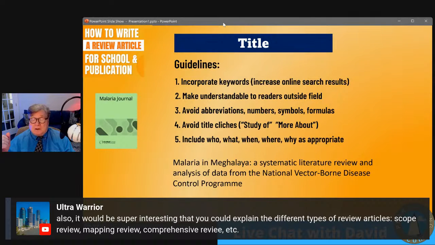And it's also going to be necessarily a literature review of what's been written regarding malaria in that area before. So I think that's a good title. It's certainly understandable by me, and this is a bioscience area and I'm not versed in it at all.